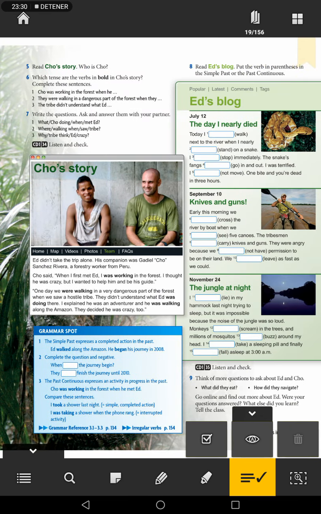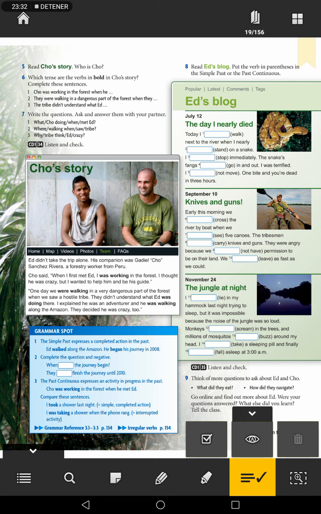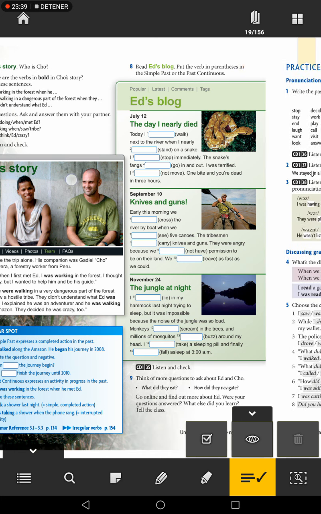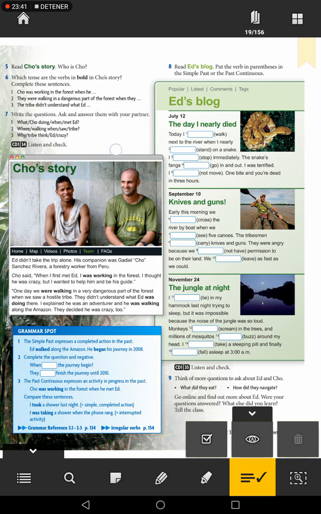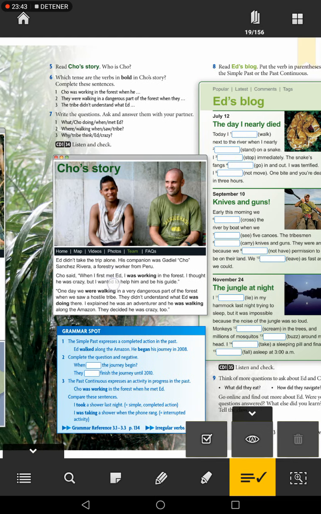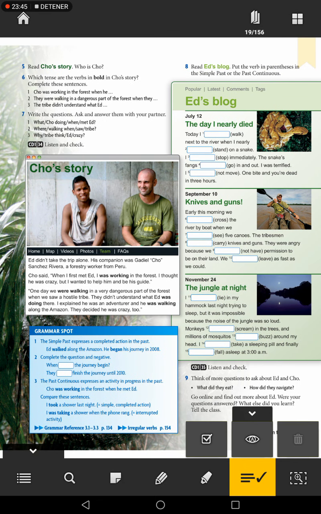Now let's move to the next page. On the next page it says number 5, read Cho's story. Who is Cho? So here we have Cho's story. It's supposed that you have to read it and decide which of the two people is Cho. Léanlo y deciden cuál de las dos personas es Cho.